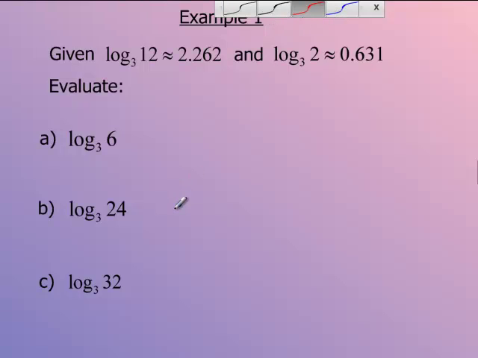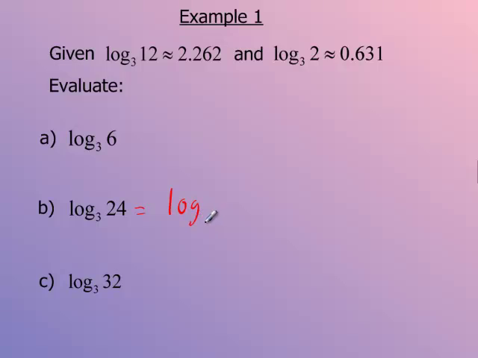I do know that 12 times 2 will work, so I will rewrite this as log base 3 of 12 times 2, which, using the product property, is log base 3 of 12 plus log base 3 of 2.